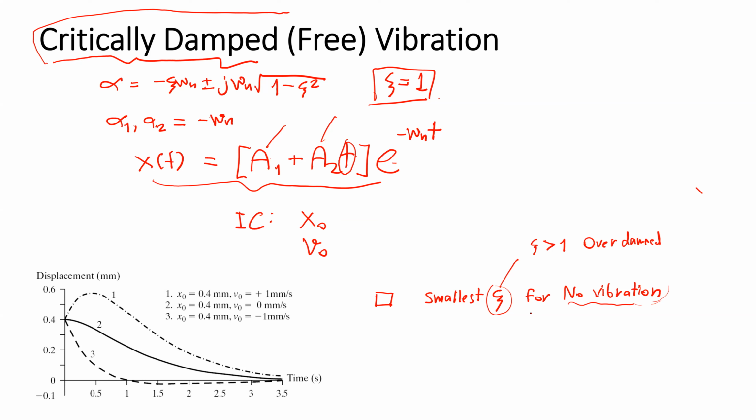But if the damping ratio is less than 1, we will have vibration, and it will be the case of underdamped vibration.